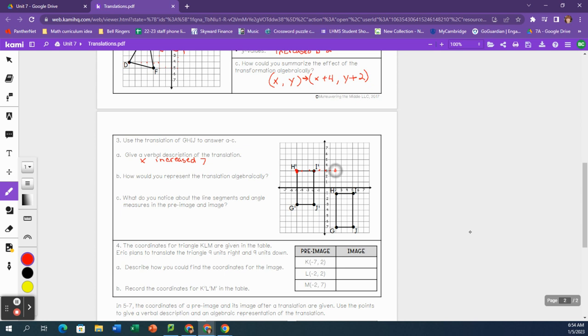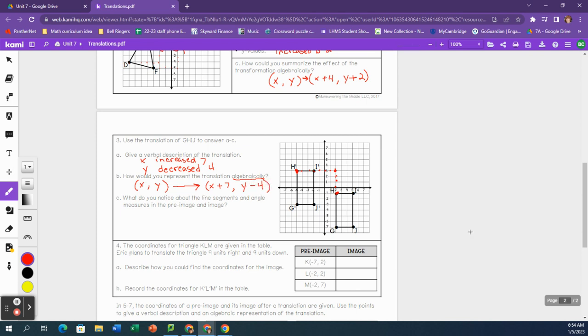But then what did we do? 1, 2, 3, 4. Y decreased 4. So if I want to do this algebraically, my X and my Y, I would say X increased 7 and Y decreased 4.